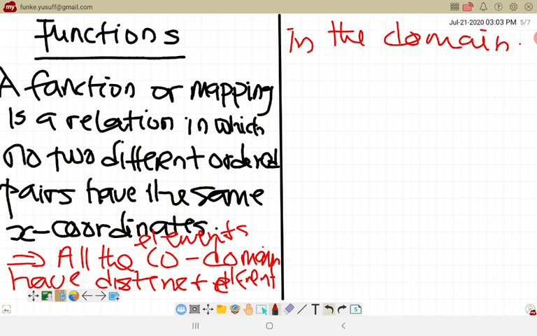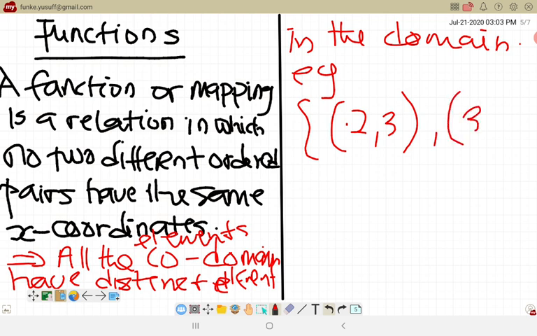Okay, for example, consider the set (2, 3), (3, 4), (4, 5).